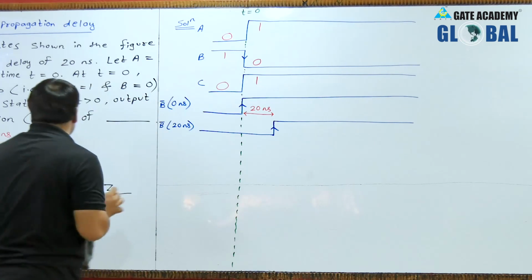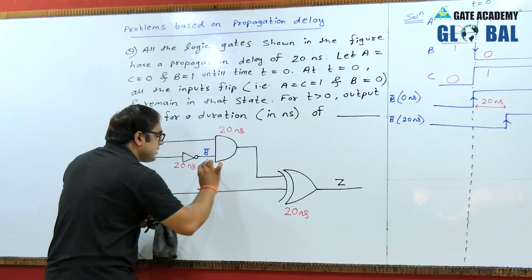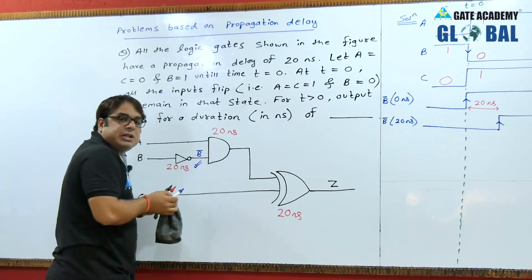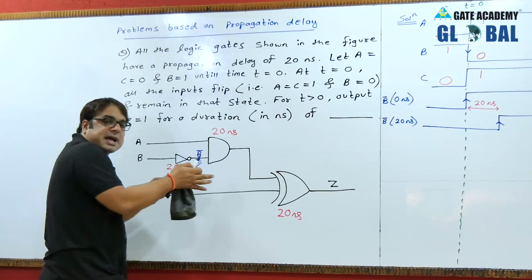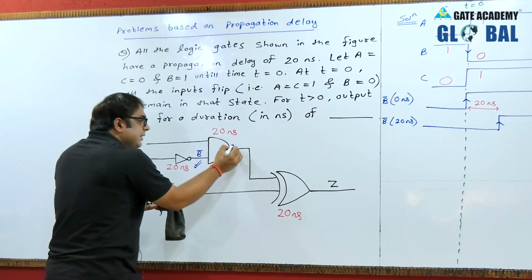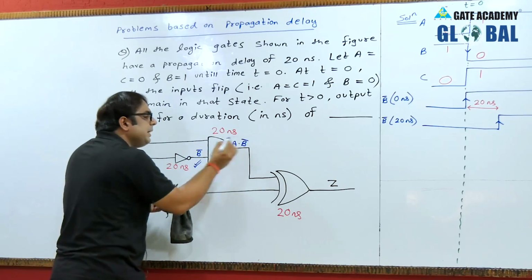Now come back to this circuit. So this waveform is available to me. Next, the output of the logic gate going from the input side towards the output is this AND gate, which has an expression of A dot B complement.